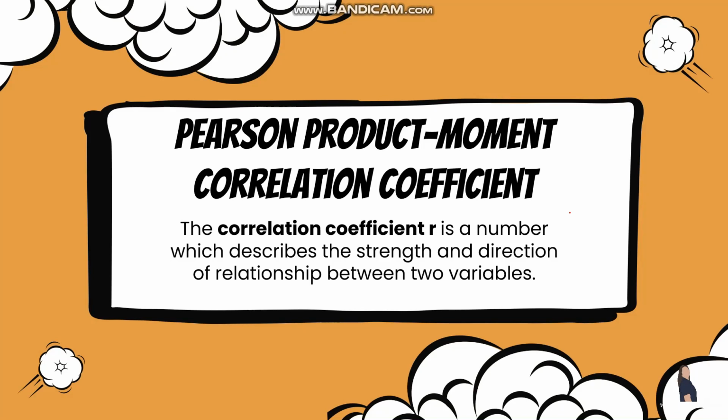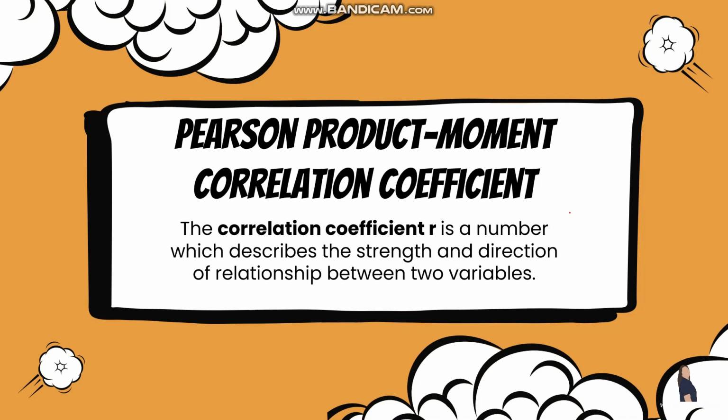So this value of r helps us to describe the strength and at the same time the direction of the relationship between our two variables. So this will be our basis in determining the relationship between the variables that we have.